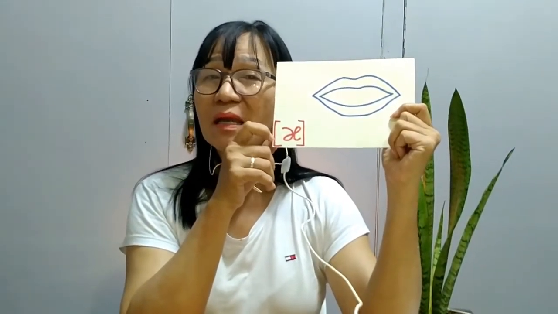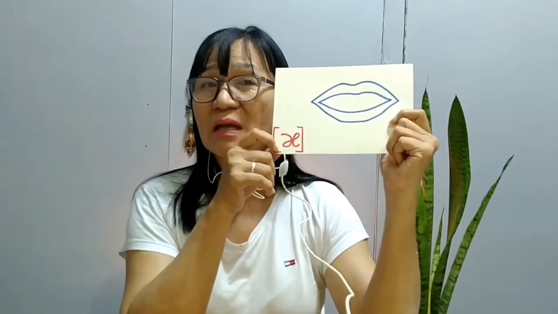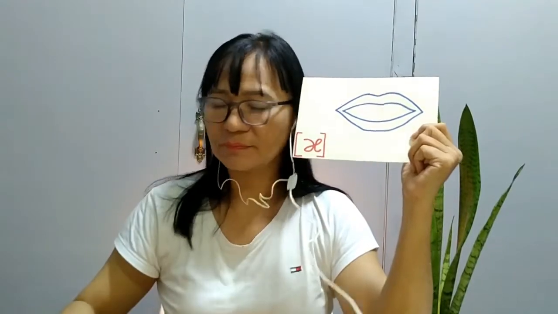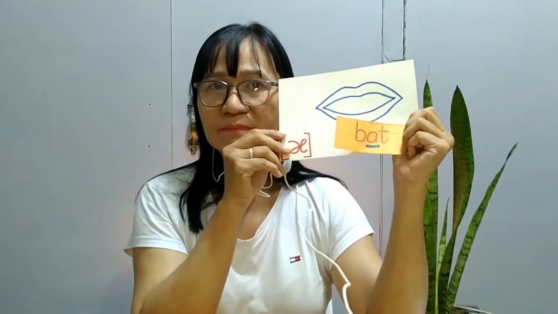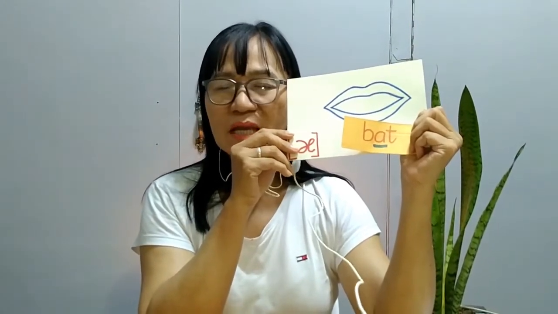That's why this is a very common mistake among Filipinos. Just like in the word bat. You do not say bat, but you say bat. You do not say man, but you say man. Cat. That's the eh sound.